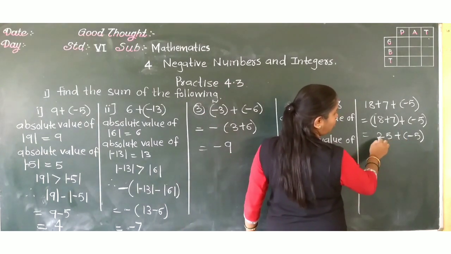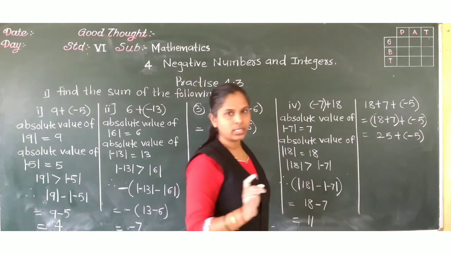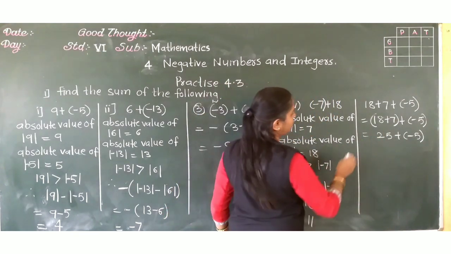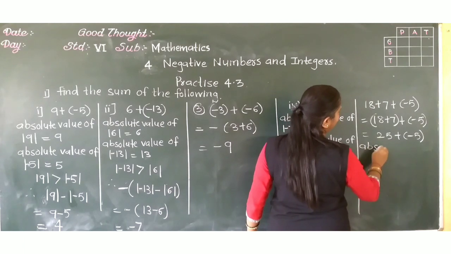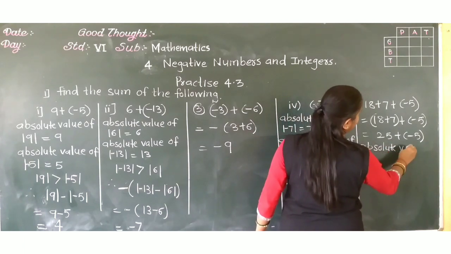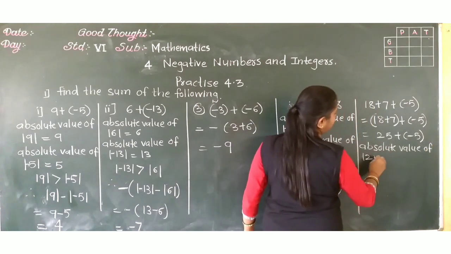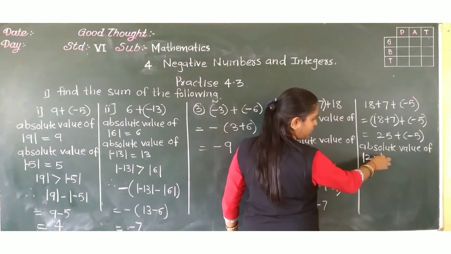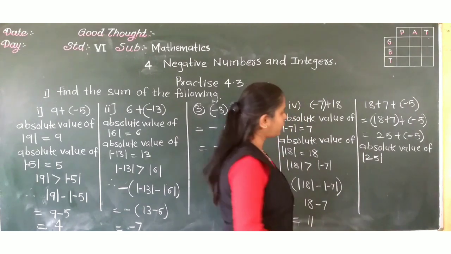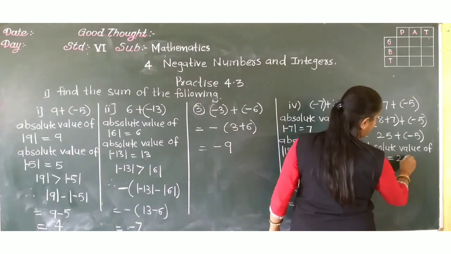Now next, again both have different signs. So take absolute values. The absolute value of 25, how to write it? Like this sign. 25 is 25.